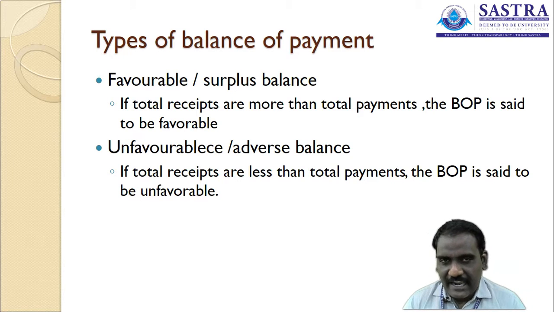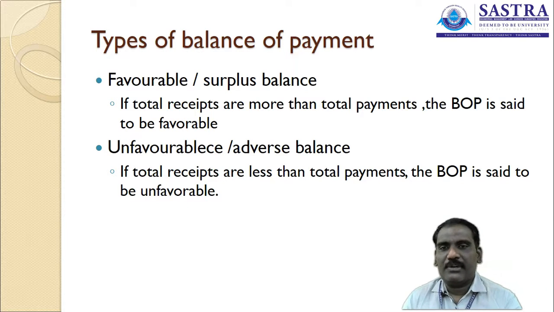When receipts are high compared to payments, we have a surplus, and the balance of payments is said to be a surplus for the country. For the unfavorable or adverse balance, the total receipts are less than the total payments, so the balance of payments is in an unfavorable condition for the particular country.